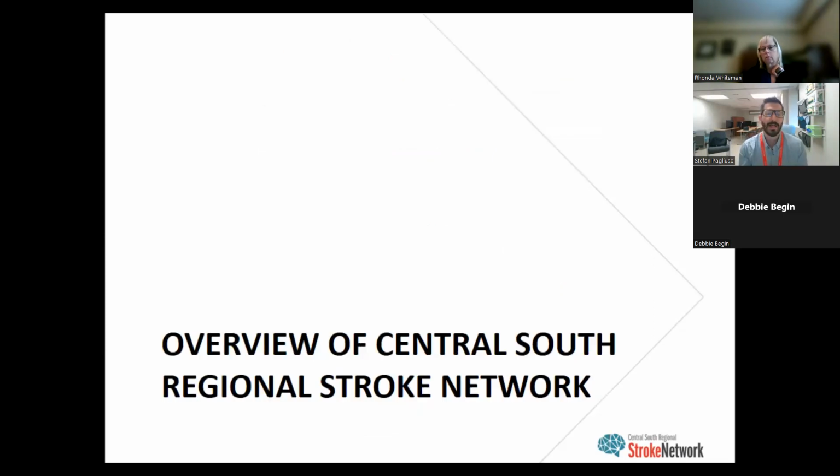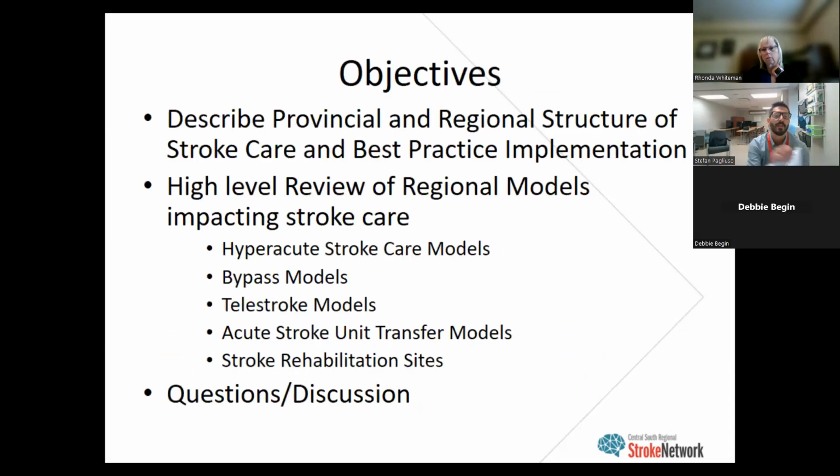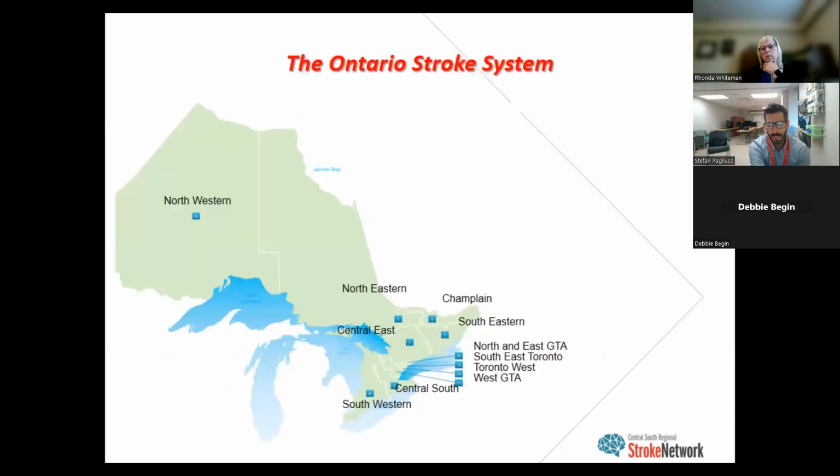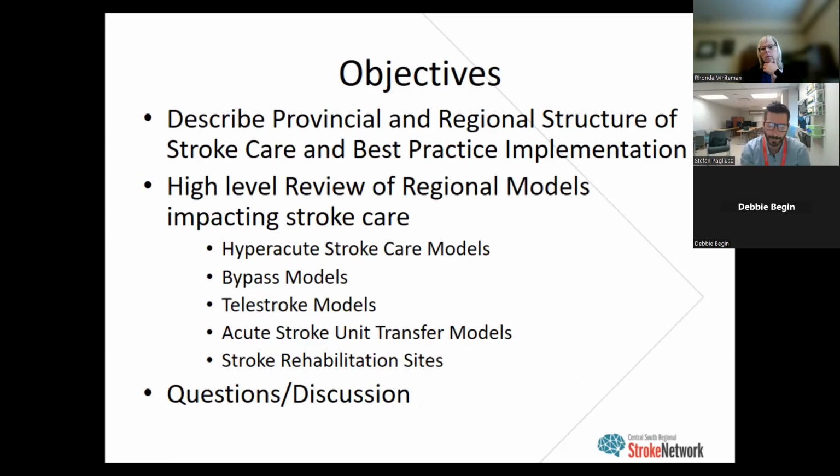As I mentioned, I'll start today by giving a little bit of background on the provincial and regional organization of stroke care in Ontario. We'll go to the next slide. The objectives for this section of the agenda are as follows: to describe the provincial and regional structure and best practice implementation in the province and in our region, to provide a high-level review of our regional models that impact stroke care, and you may see within our documentation throughout the region.